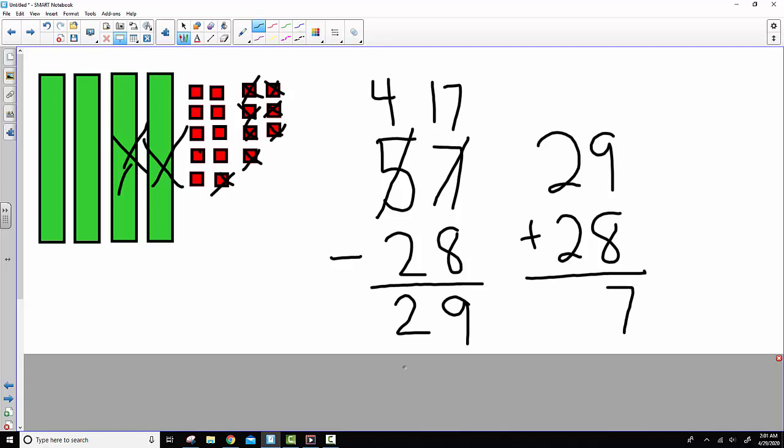We write our 7 in the ones column and regroup 1 ten. 2 plus 2 is 4. 2 tens plus 2 tens is 4 tens, plus the 1 additional ten would be 5 tens. And once again, you can see our answer is correct. 57 is the minuend that we started with.